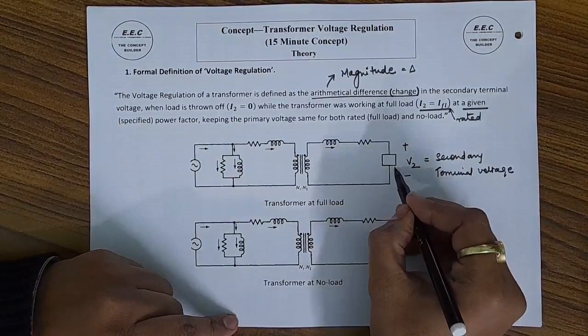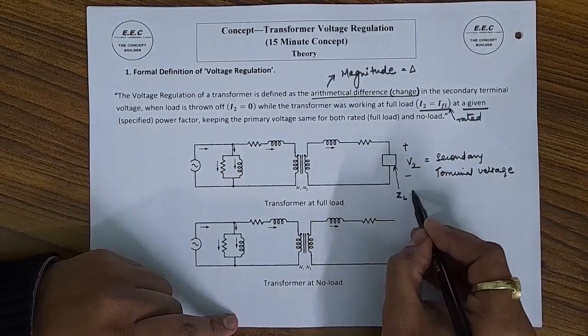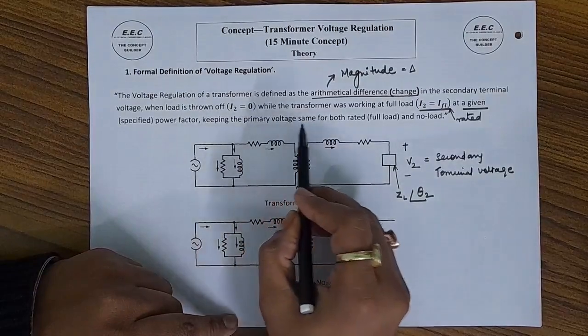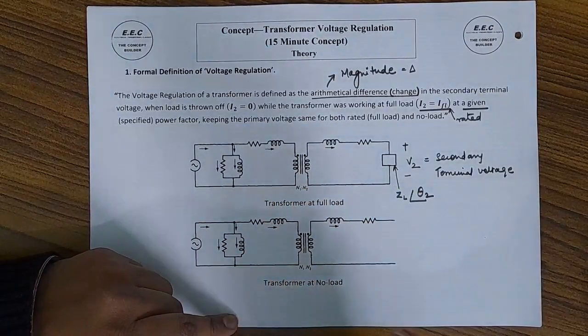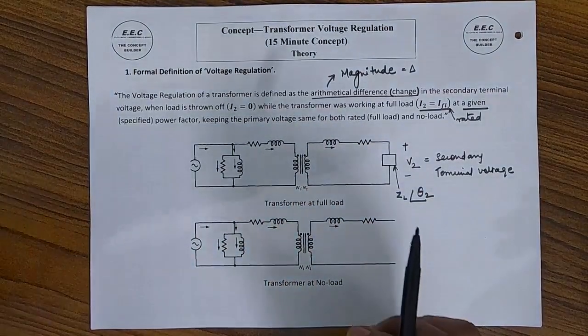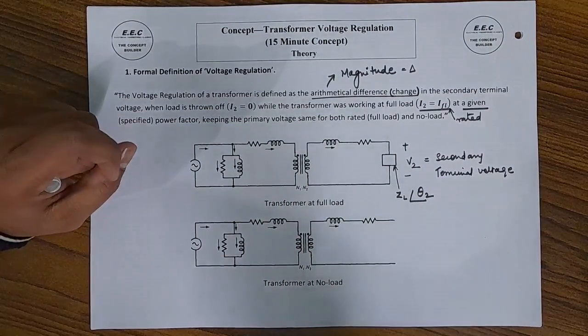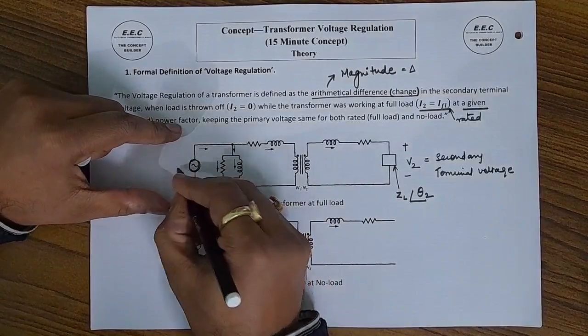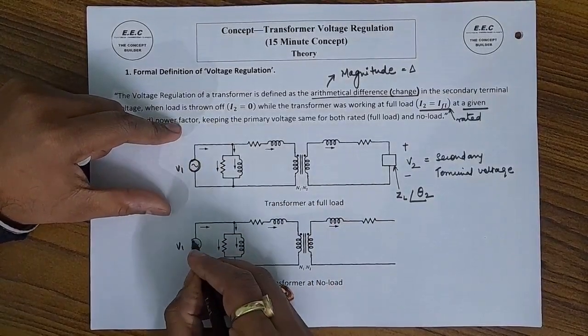Now we have connected this load here, so this load has got a specified power factor, keeping the primary voltage same for both full load and no load condition. Now in both the conditions, whether it is the no load condition or the full load condition, the primary voltage, which is V1 here, is going to remain the same.